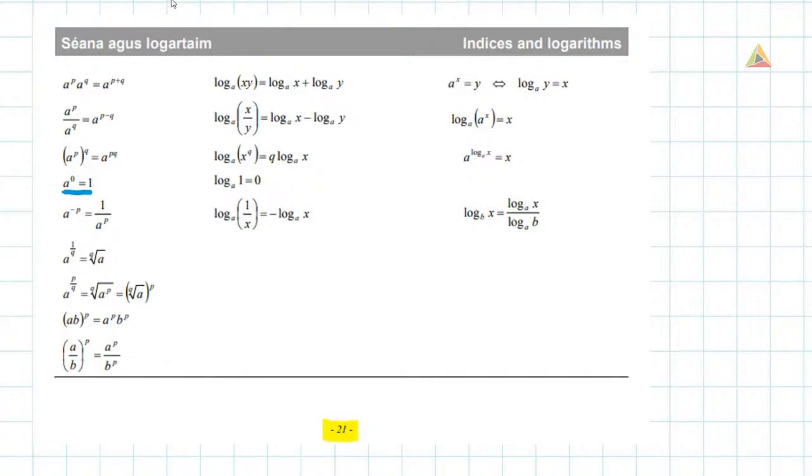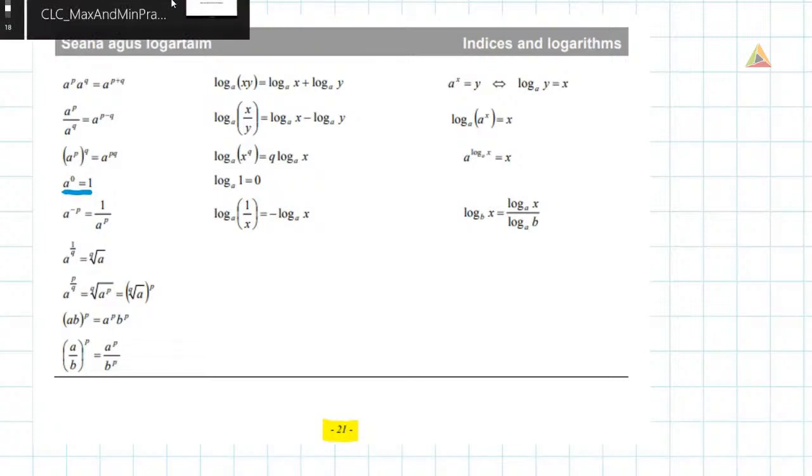It's from page 21 of your tables, just to know where that formula is coming from. We're going to be using that again today, because we're going to be looking at questions where we have to use differentiation to solve, and one of the things we will be doing is bringing the powers to the front as multiples and reducing the powers by 1, which means that we will end up with x to the 0s again.